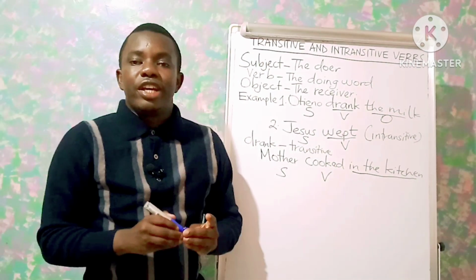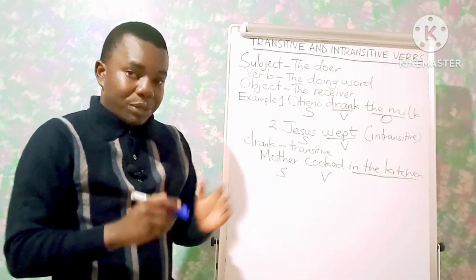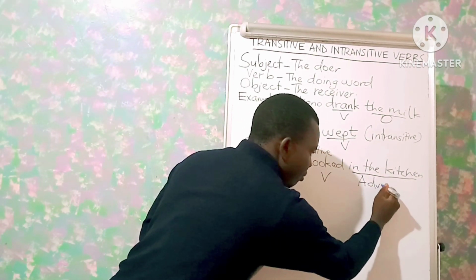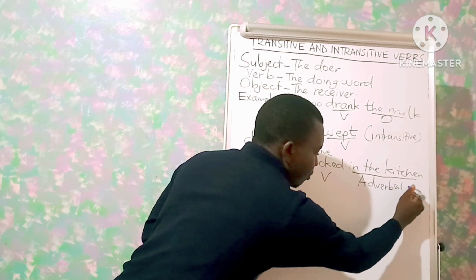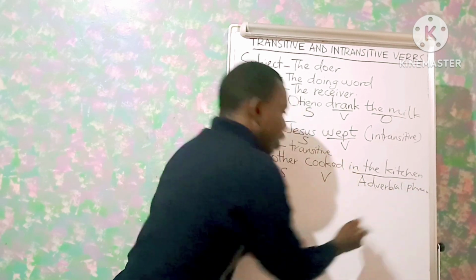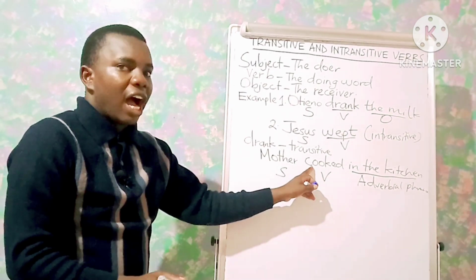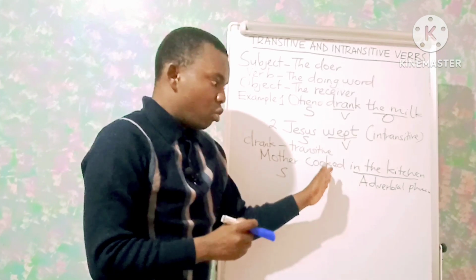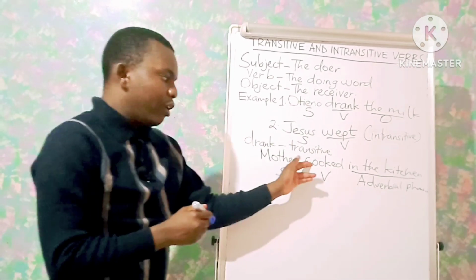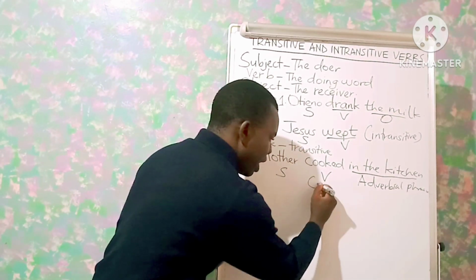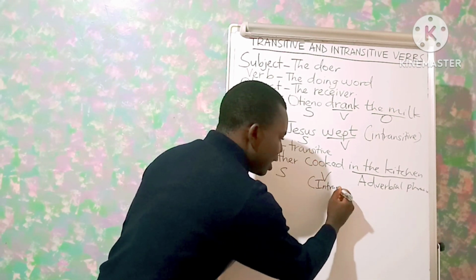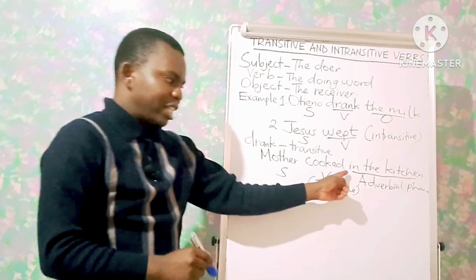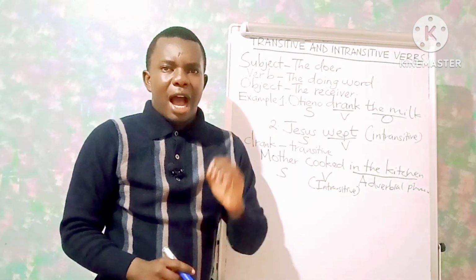In the kitchen is not an object. It is an adverbial phrase. Just giving us more information about where the mother did the cooking. And for that matter, the verb cooked will still remain an intransitive verb, in as much as there are words that come after it.